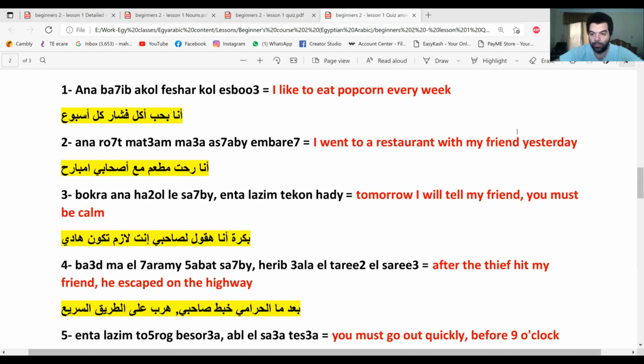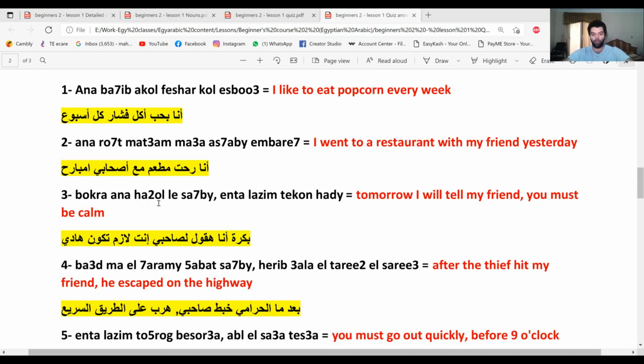And you will find this fixed in the final file. Okay, so this should be friends, not friend. Okay, and there is no other translation. So if you didn't say a restaurant and you said the restaurant, that's a mistake. And friends, plural, ashabi, امبارح is yesterday.